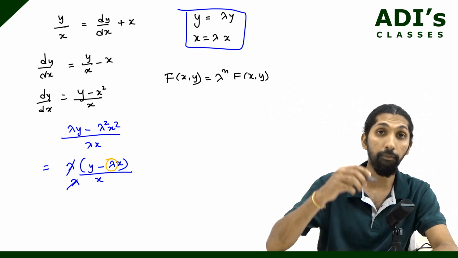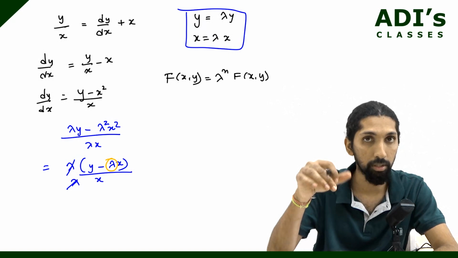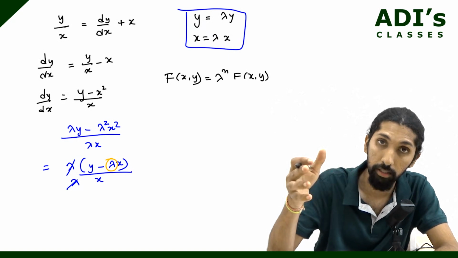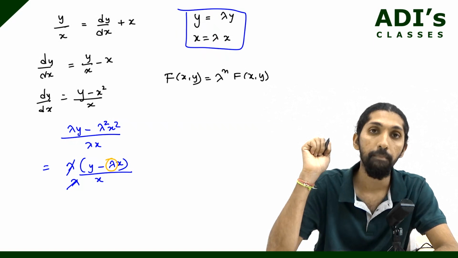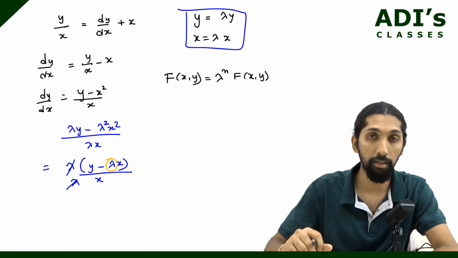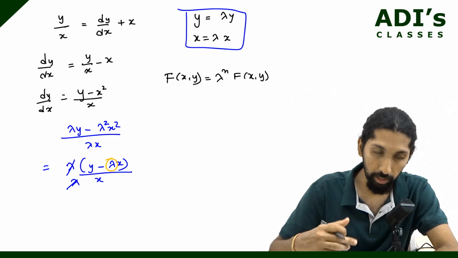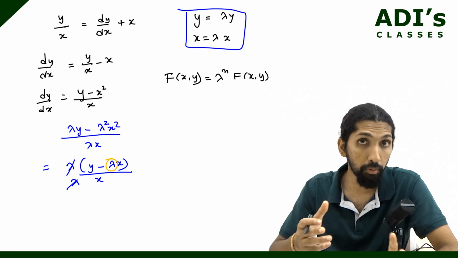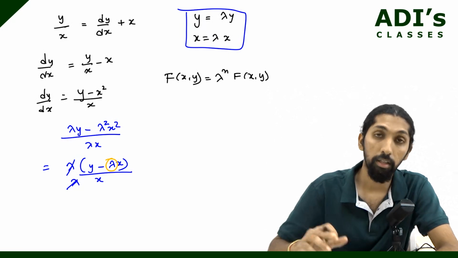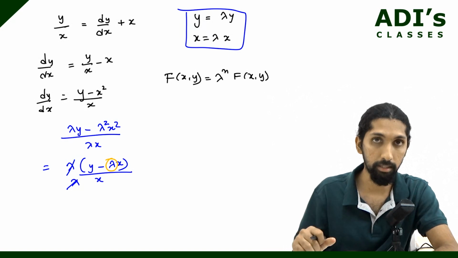If we can, then it is a homogeneous function. If it's not, then it's not. So we'll do one thing. Now that you have understood this is not, let's take an example where it is a homogeneous function. Then we'll see how you prove that it's a homogeneous function. After that, we'll come to the solving part. All right, so let's take another example now.